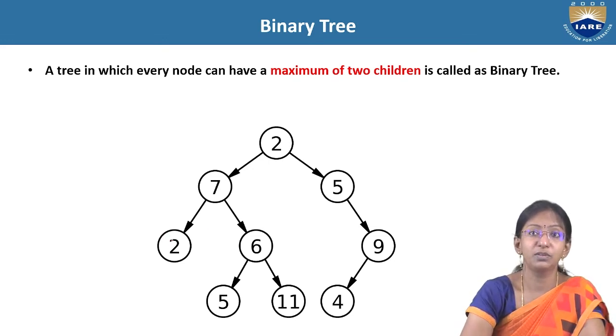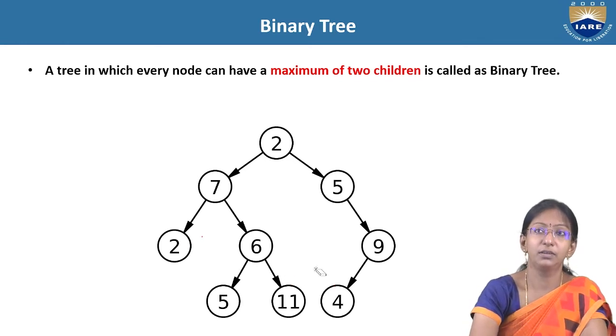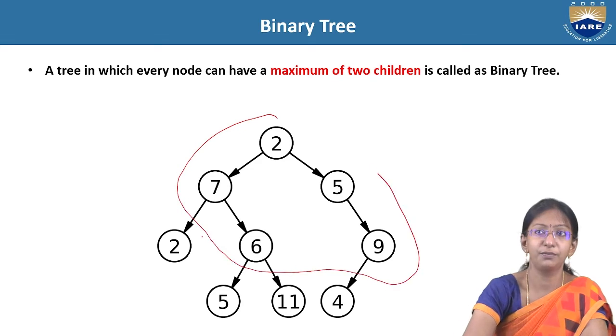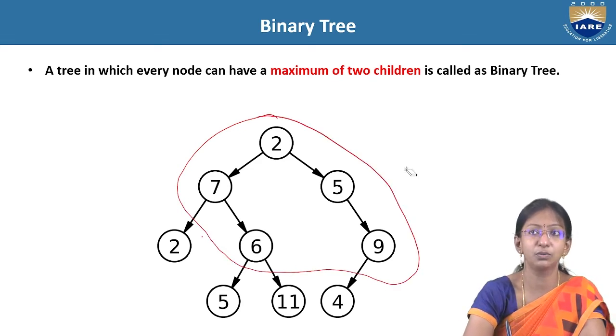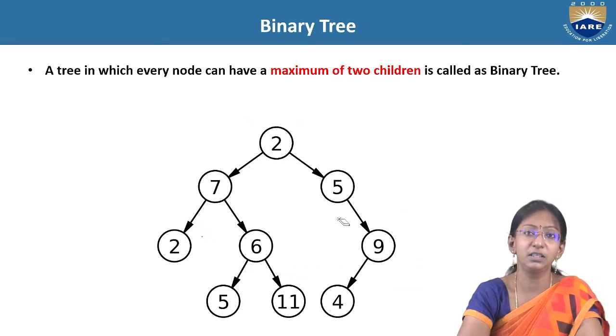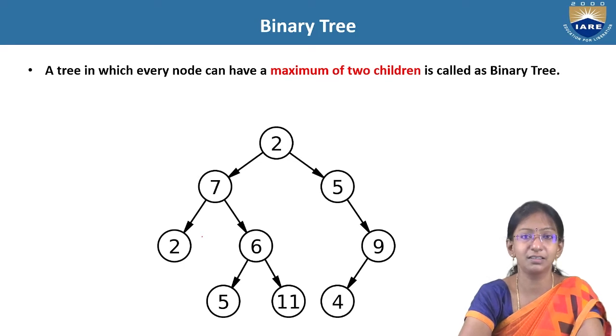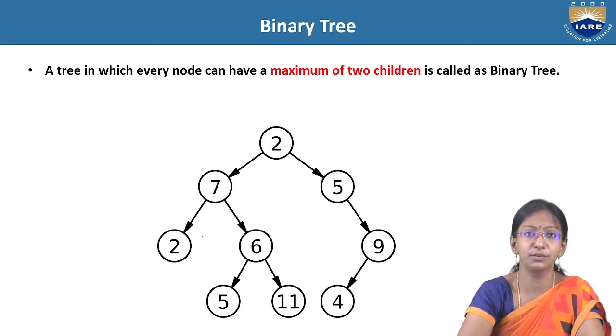The leaf nodes, say 2, 5, 11, or 4, are known as leaf nodes because they do not have any children. And 2, 7, 6, 9, 5 are known as internal nodes, interior ones. Interior, exterior, internal, external, we can use these kinds of words to understand them.